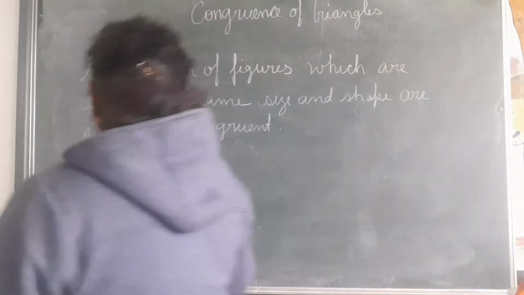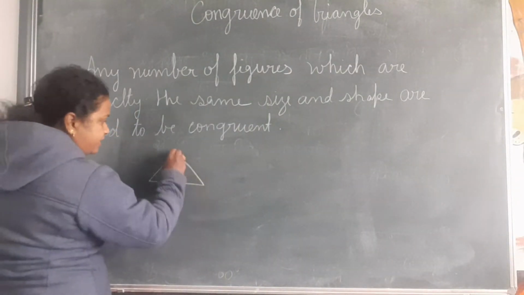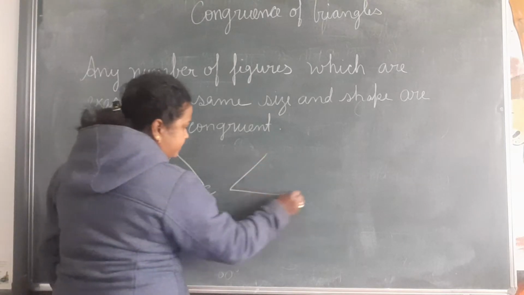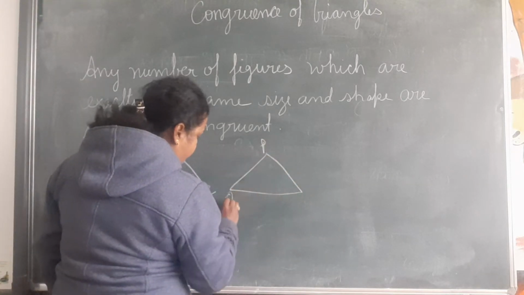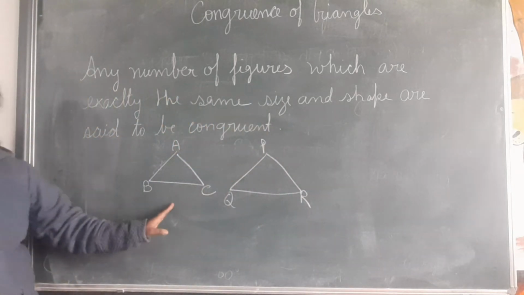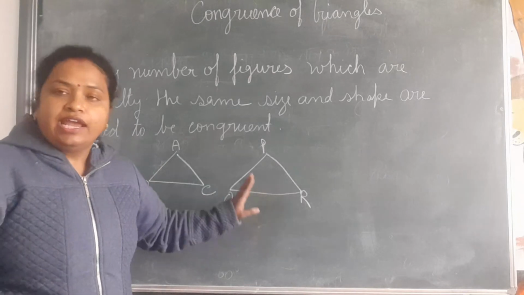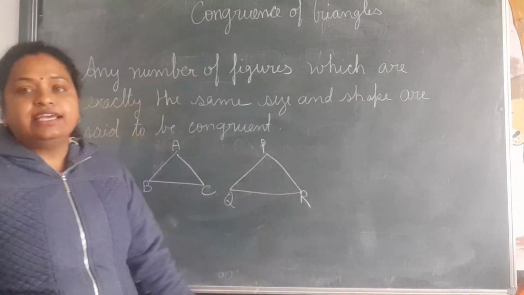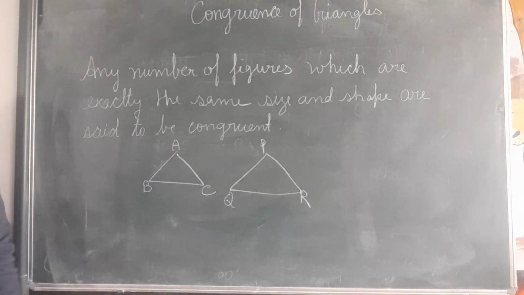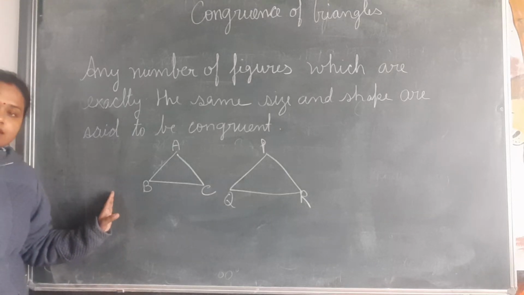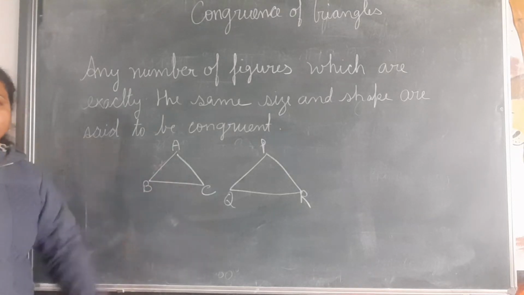You can see here, suppose this is a triangle ABC and one more triangle PQR, and both the triangles ABC and PQR have all the sides the same and all the angles the same, then it is said that triangle ABC is congruent to triangle PQR.